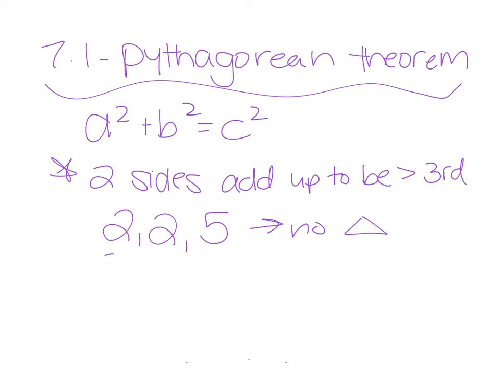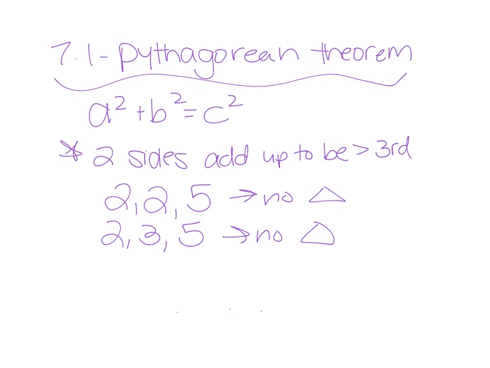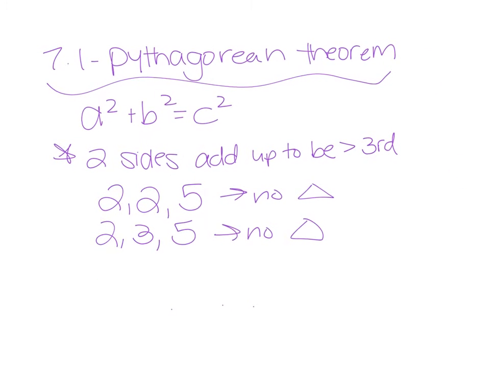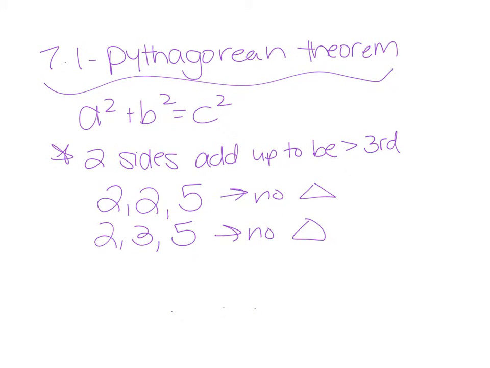If it was 2, 3, and 5, would there be a triangle? No. Why not? Okay, it can't be equal, it has to be greater than. And then you just want to make sure the c is the biggest. That's pretty much it. There's not a lot of tricking in here.